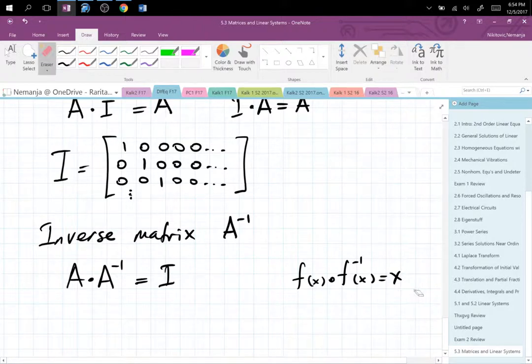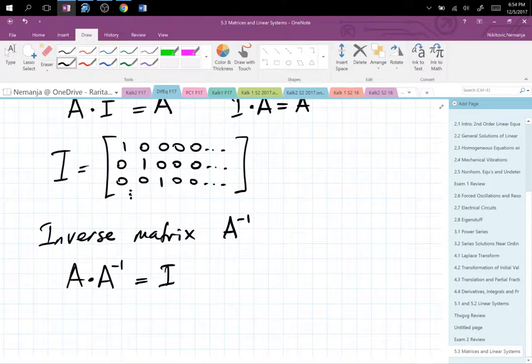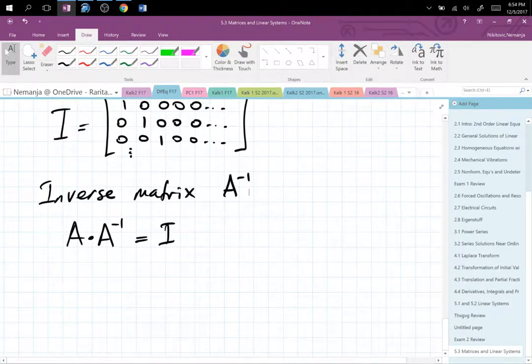So that should somehow translate, and it works. Now, the question is, how do we find the inverse matrix? We'll get the details later. And what else do I need? I need the determinant.